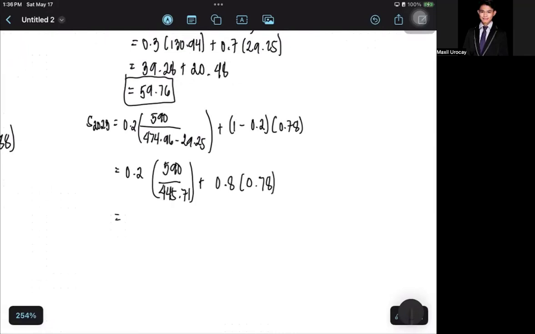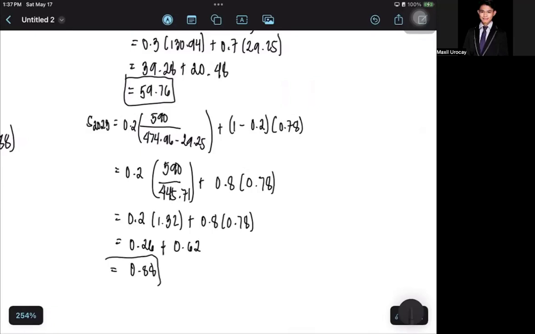For 590 divided by 445.71, it will equate to 1.32. And 0.2 times 1.32 is definitely 0.26. And afterwards, 0.8 times the 0.78 is definitely 0.62. Afterwards, you will add 0.26 plus 0.62. That will equate to 0.88.